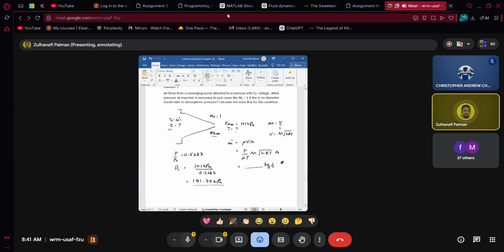That is where the CD nozzle idea comes from, the idea of designing a CD nozzle. And the last one is choked flow. So that's all about isentropic flow, and this topic will be covered in your test too.